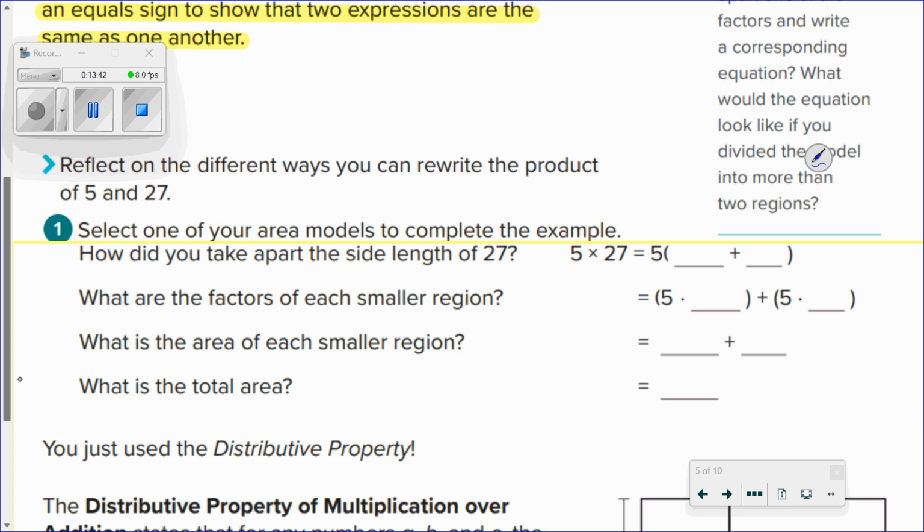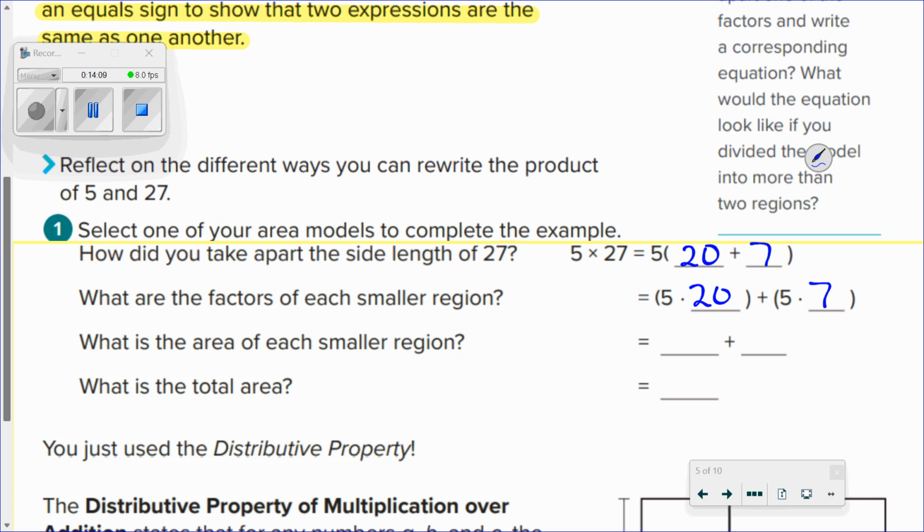So instead of saying 5 times 27, I can say 5 parentheses, which means times, right? The product, or the sum of 20 and 7, correct? Is that the same thing? It was the same, right? So now we can say, well, that's the same as 5 times 20 plus 5 times 7.